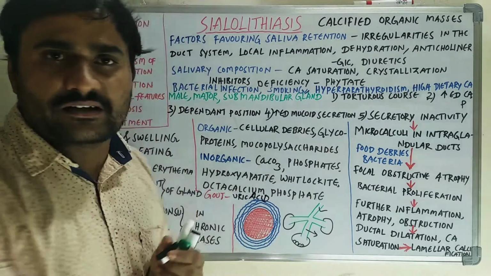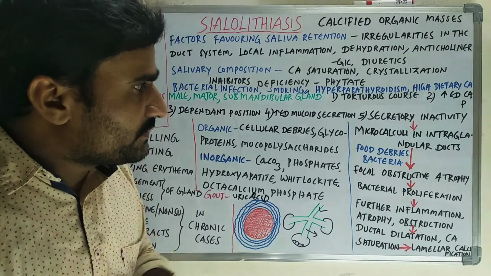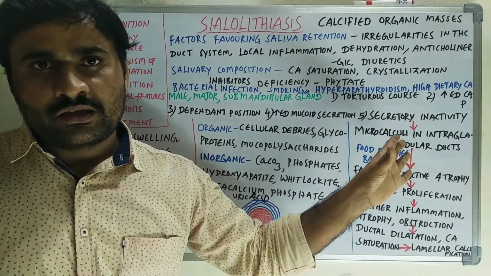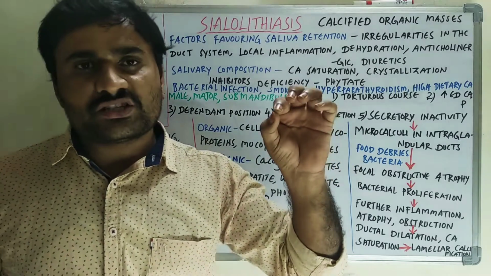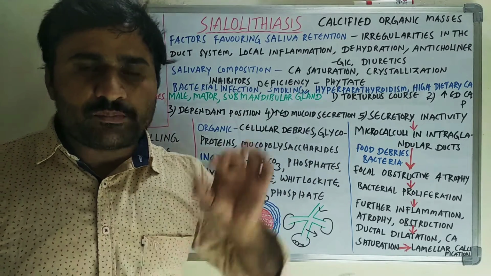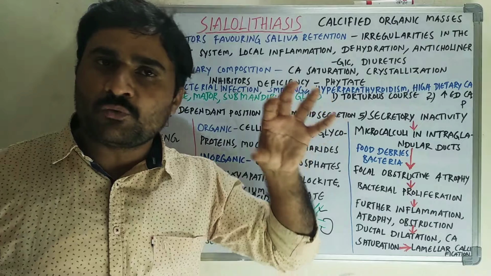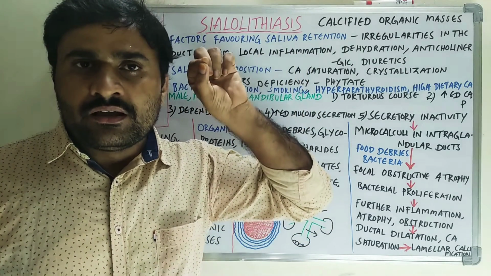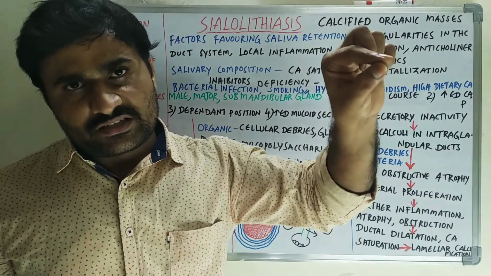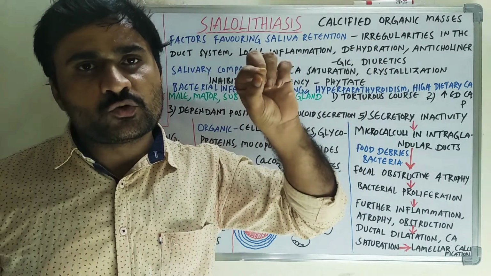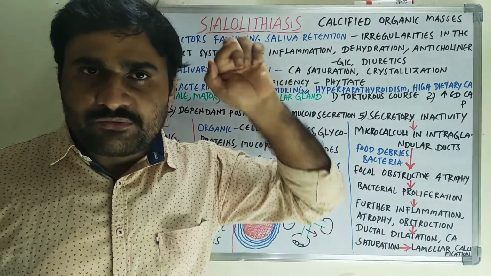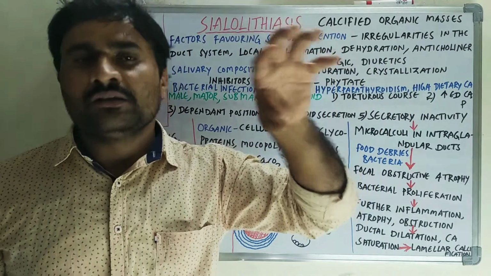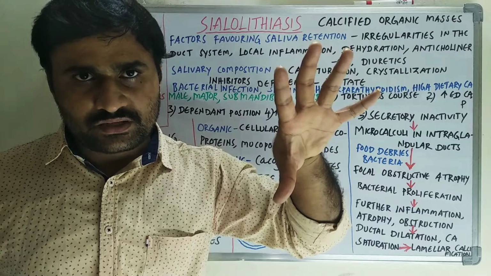So because of this microcalculi formation, bacterial proliferation will occur, right? Bacteria or food debris from the oral cavity will pass through the ductal opening into the duct, and at the microcalculi they will proliferate, right?